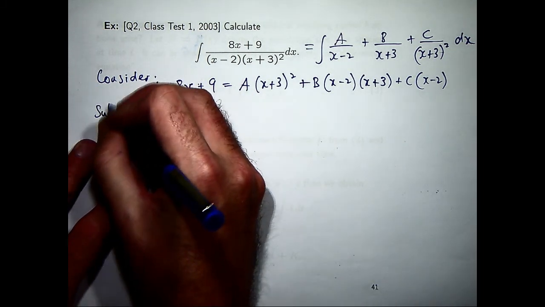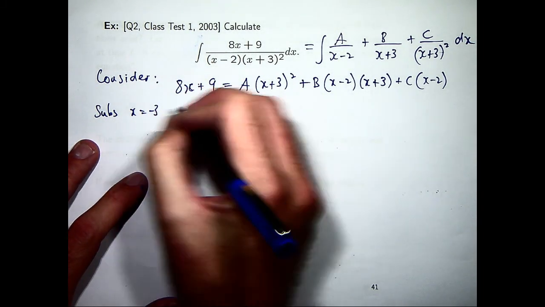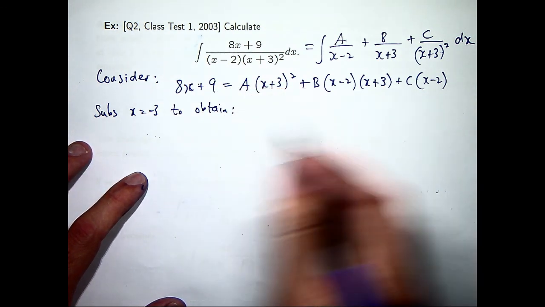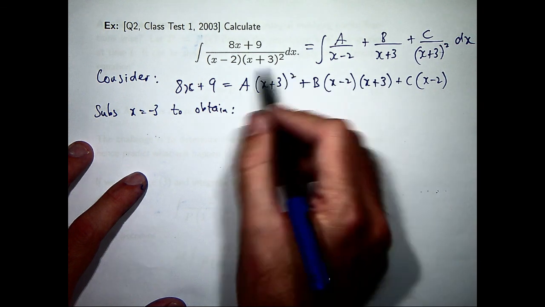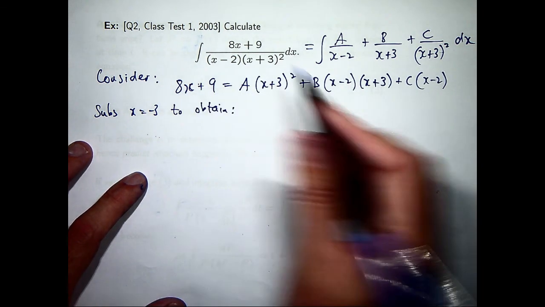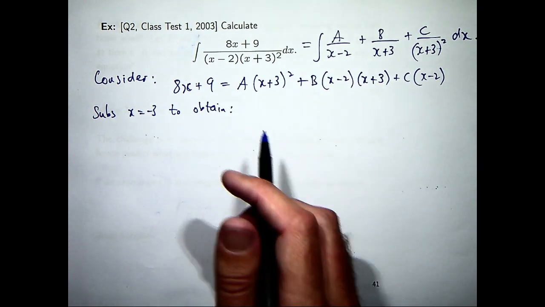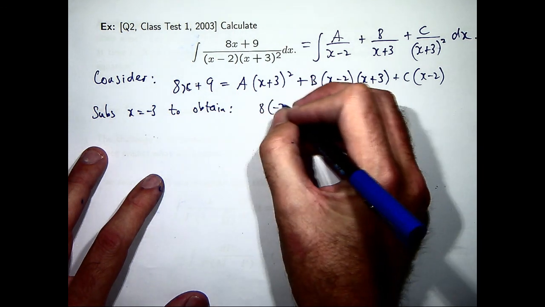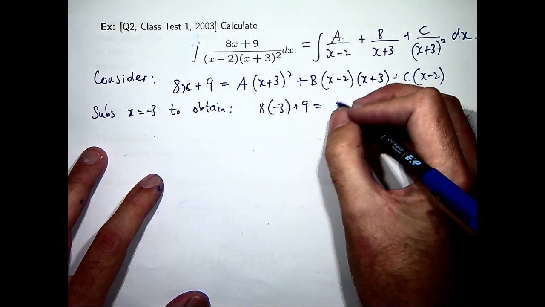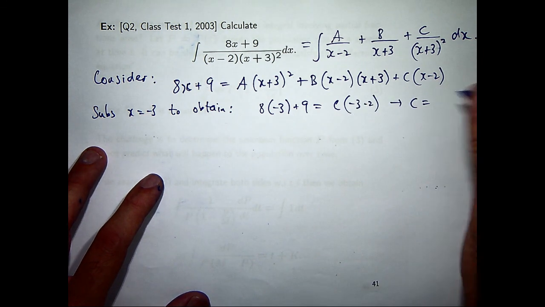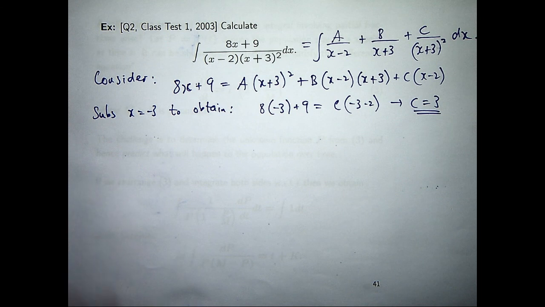So we're going to substitute x equals minus 3 to obtain the following. Well, that's going to be 0, that's going to be 0, this is going to be non-zero, and we can work out the following. c equals 3 if you just solve that.